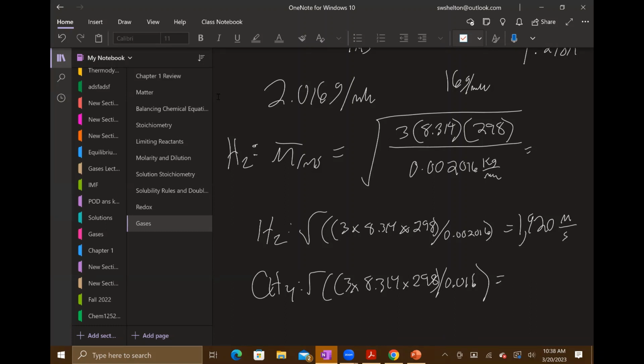In fact, if you're smart with your calculator, if you hit second enter, it'll bring up what you just wrote, and all you have to do is change out the part for hydrogen to methane. And what you'll get is 682 meters per second.